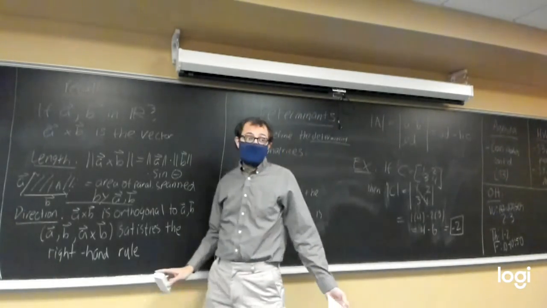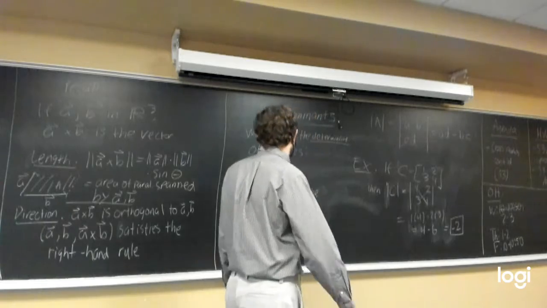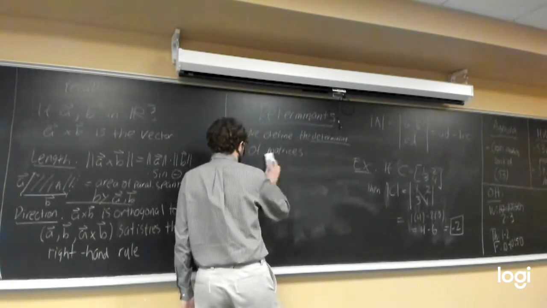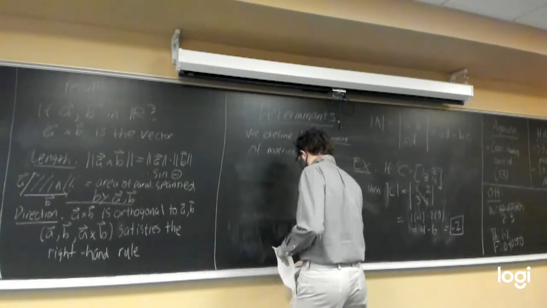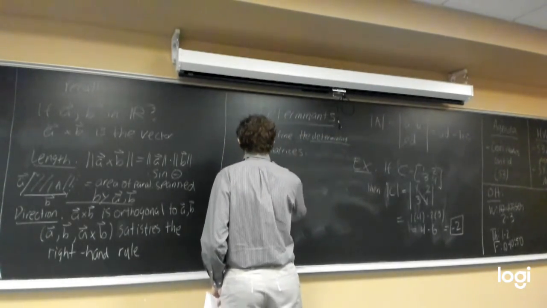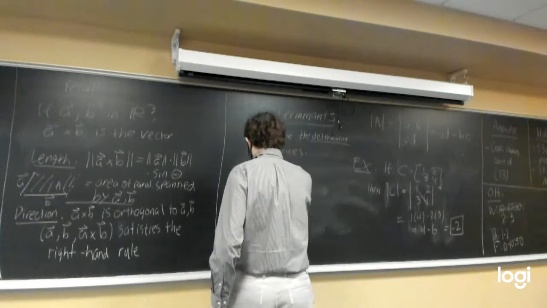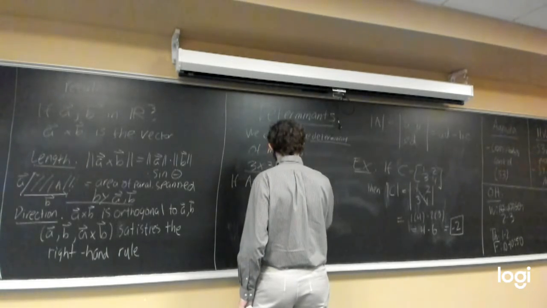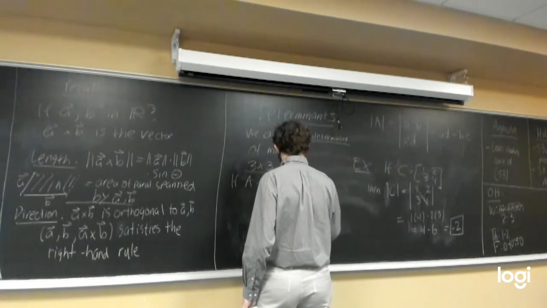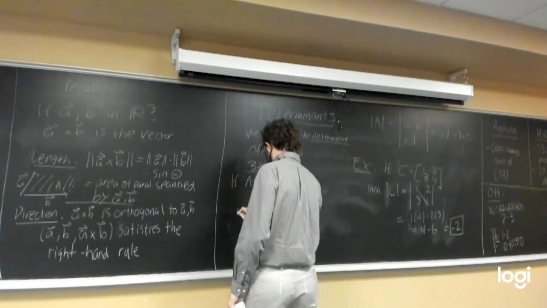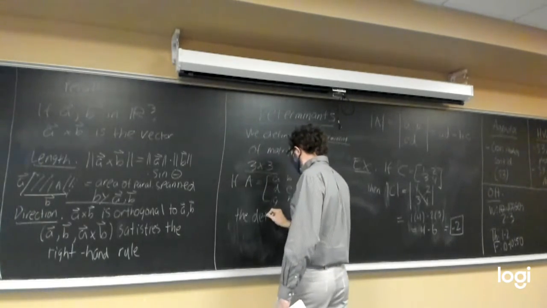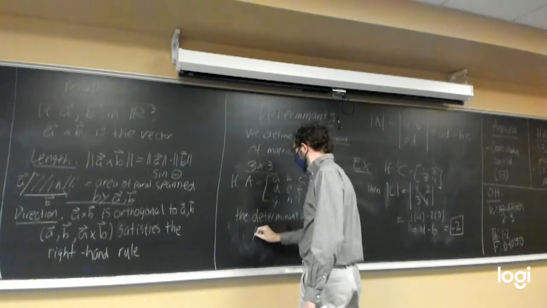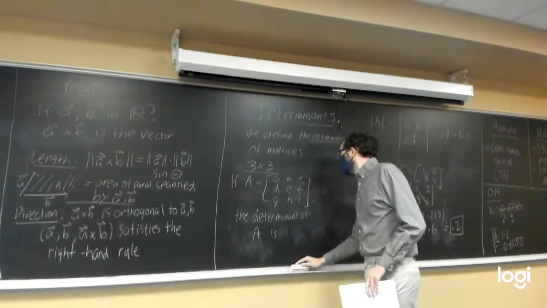The 3 by 3 determinant is going to be a little bit more complicated, and is going to rely on us knowing how to find the determinant of a 2 by 2 matrix. So for a 3 by 3 matrix, we can say that if A is, let's say, a, b, c, d, e, f, g, h, i, the determinant of A is going to be a little bit more complicated.